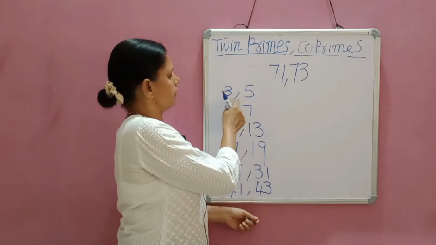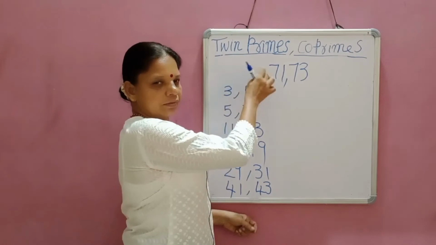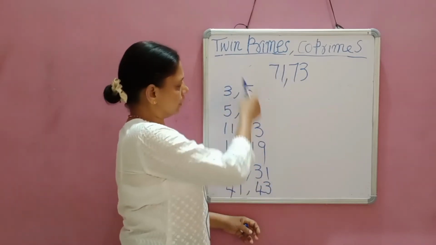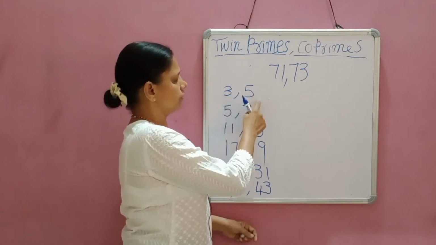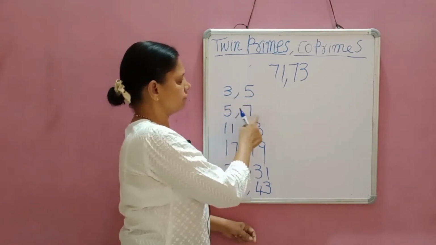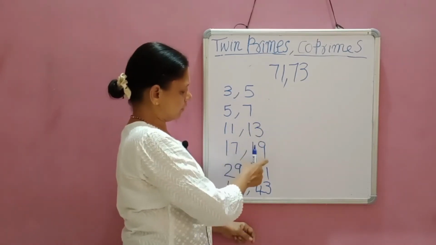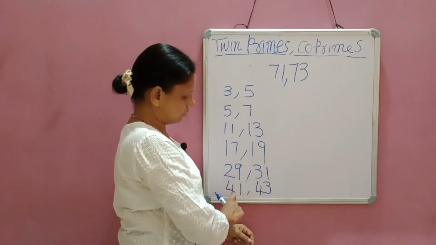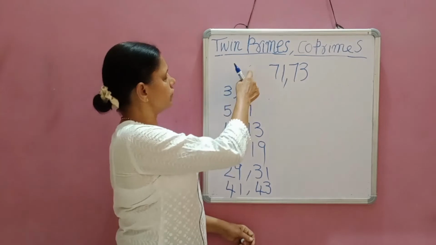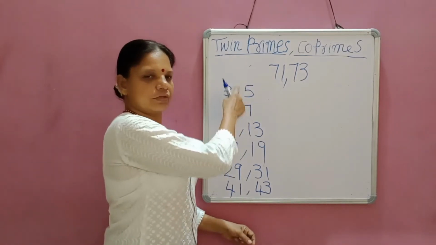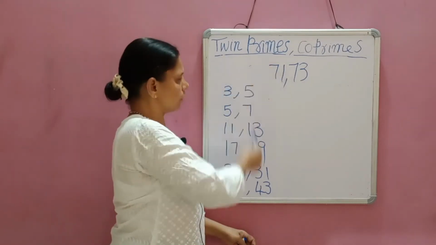See here, 3 and 5, 5 and 7, 11 and 13, 17 and 19, 29 and 31, 41 and 43, 71 and 73. 2 and 3 is not included in this. They are prime numbers but not included in the twin primes. These are twin primes.